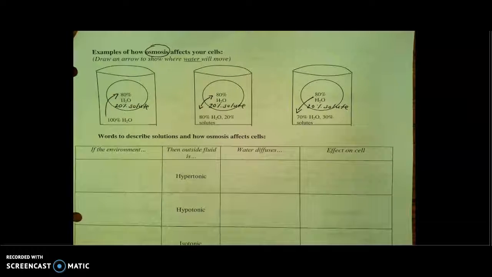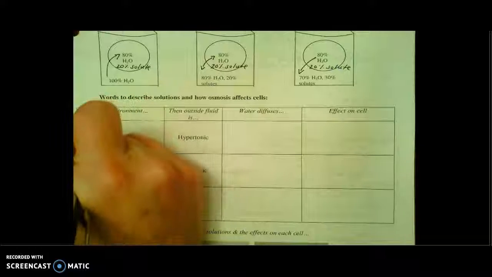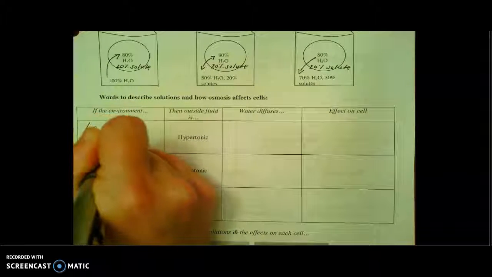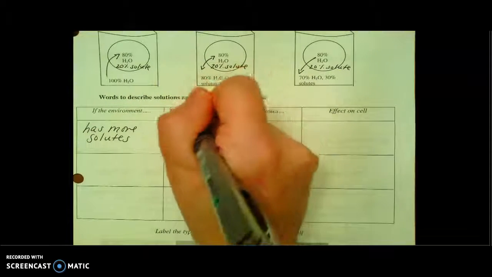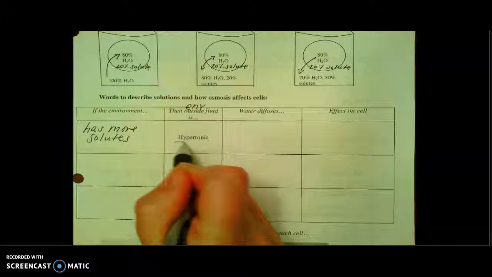There's some key terms that go along with osmosis that we can use when we're describing relative amounts of solute in the region. So the first way we can look at this is that if the environment has more solutes when compared to the cell, then we can say that the environment is hypertonic to the cell.